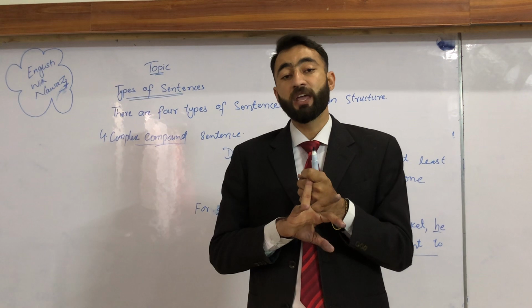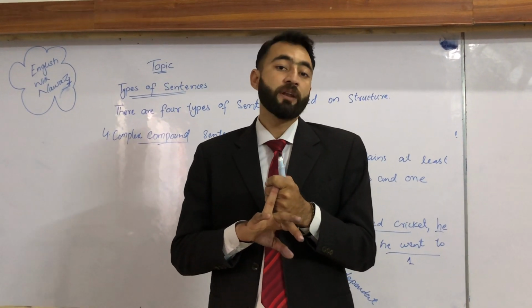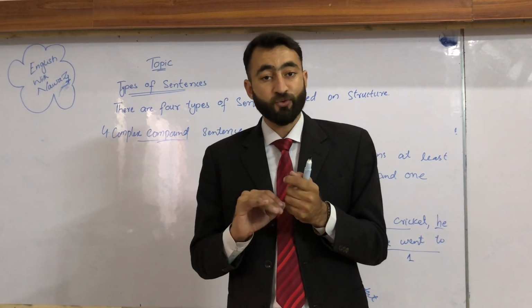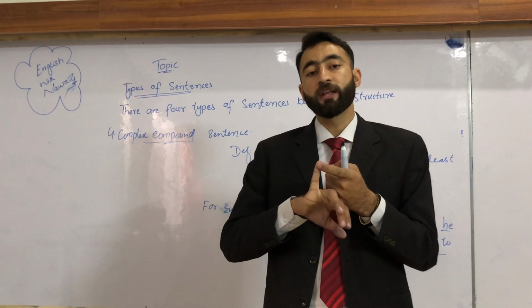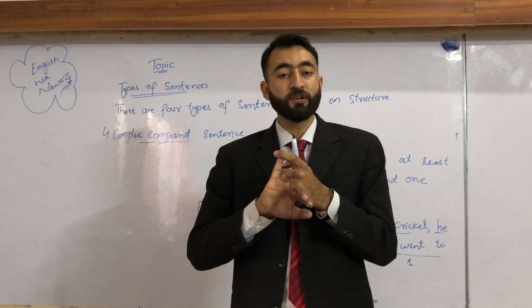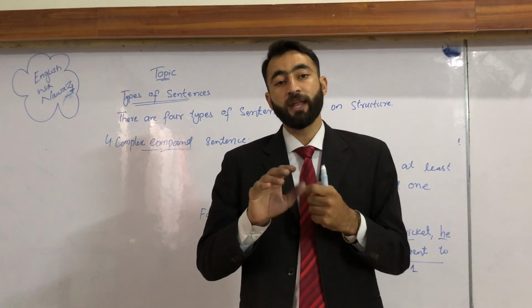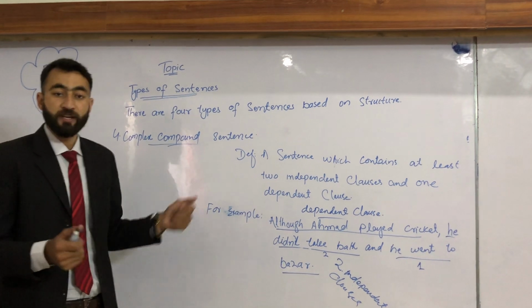But a complex sentence is the combination of one independent clause and one dependent clause. While the last one, the compound complex sentence, is a structure based on having two independent clauses and one dependent clause. It is called the complex compound sentence.